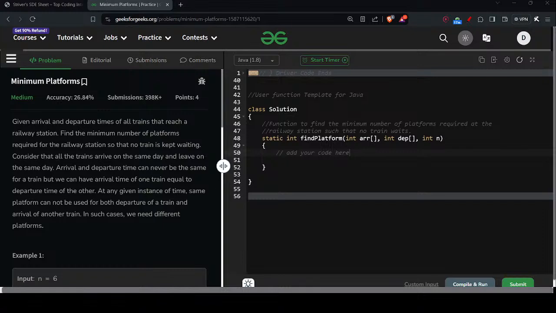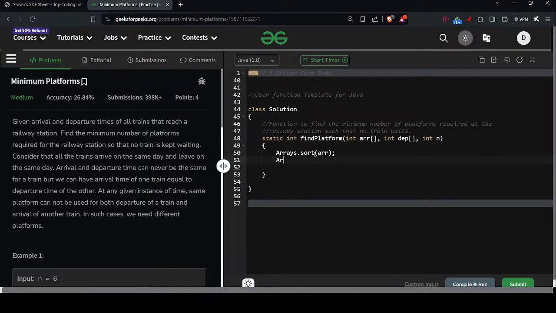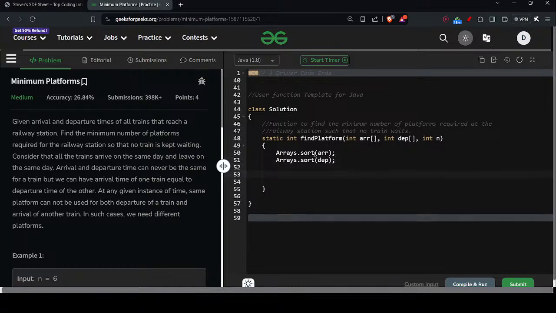Now, how it begins is Arrays.sort arrival time, Arrays.sort departure time. What we are taking into consideration is answer platform.